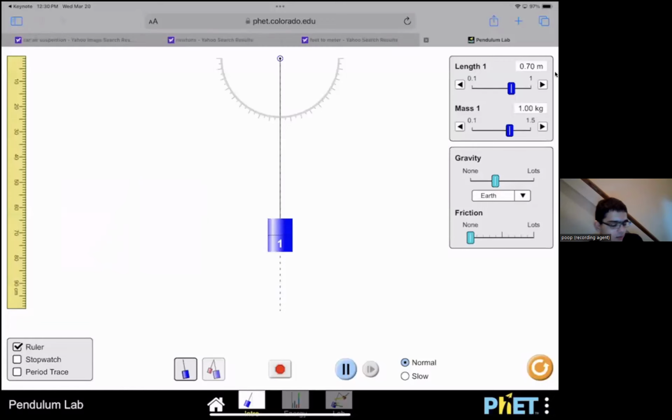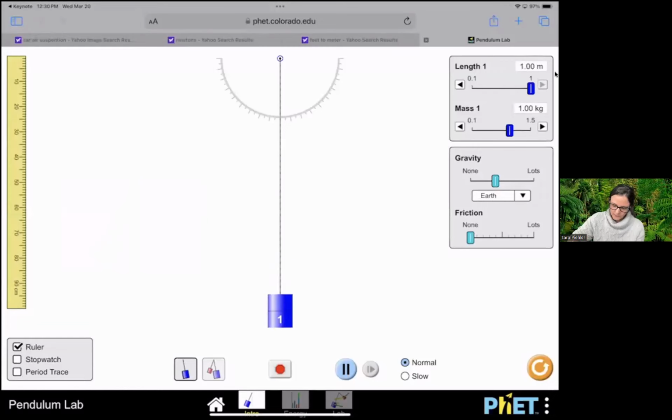So here's our pendulum, and our length is 1. It doesn't really matter the mass, right, guys? We can make the mass however big we want it. How big do you want the mass? 0.5. We'll just keep it as the equation said.